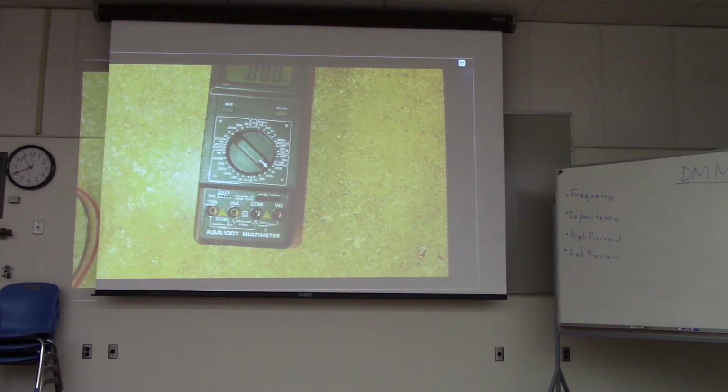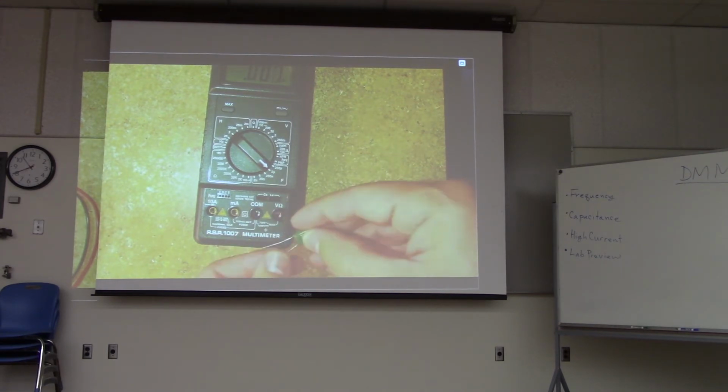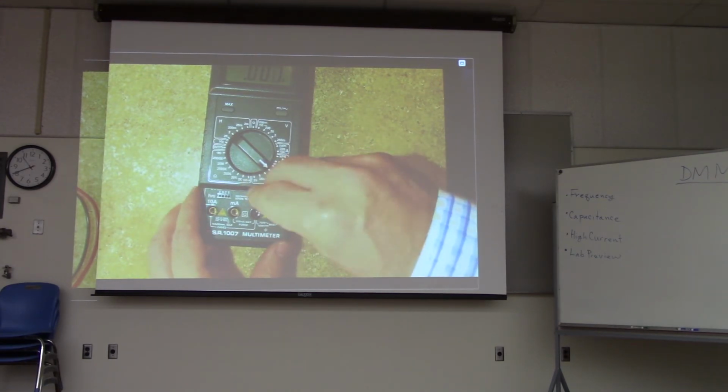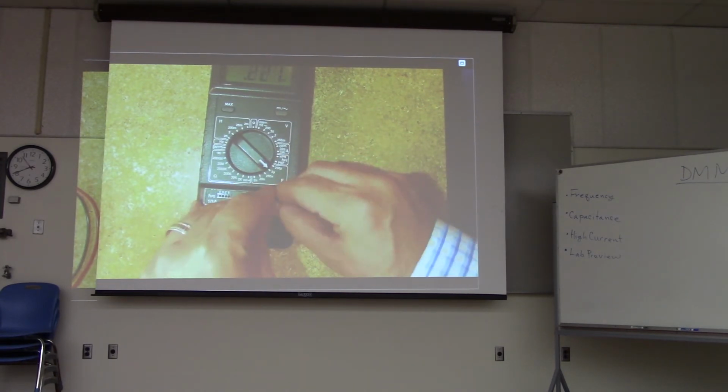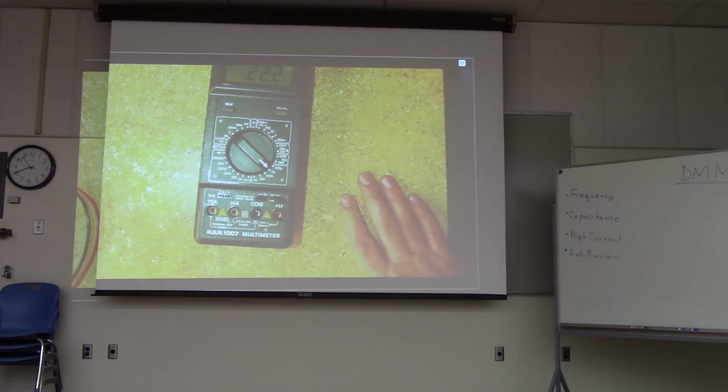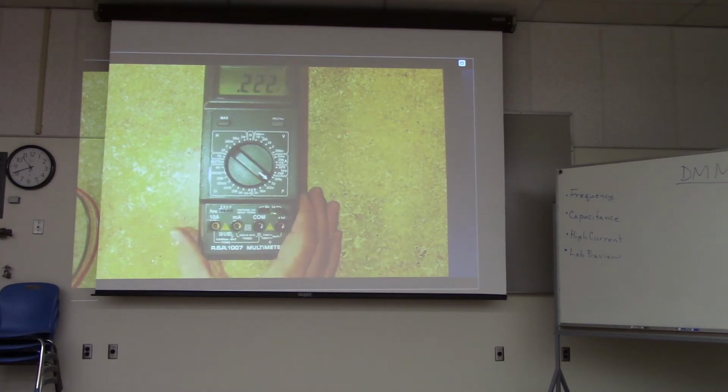So you're going to take the capacitor and you're just going to put one lead into one hole and the other lead into the other hole, and you have to push it down pretty firmly, okay? And that's the way that you're going to actually measure the capacitance.